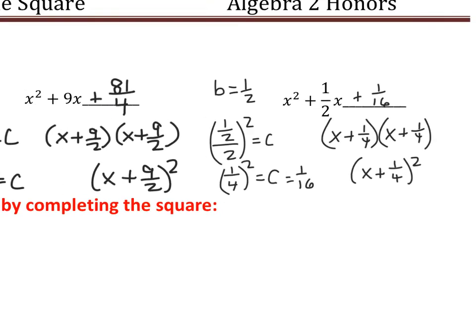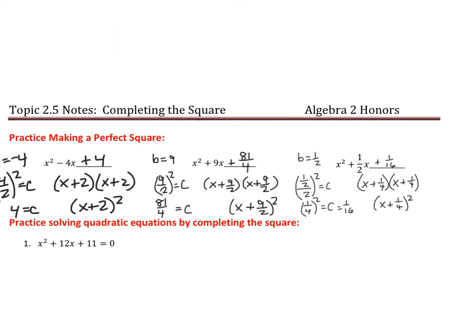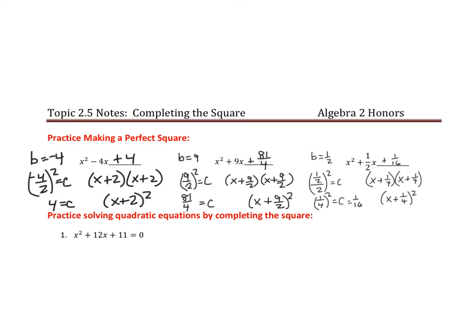So what I didn't point out, but maybe you can observe here, is that in every case, my coefficient in front of the x squared term was 1. And that becomes a very important point in completing the square. So make a big note for yourself here. A must equal 1.